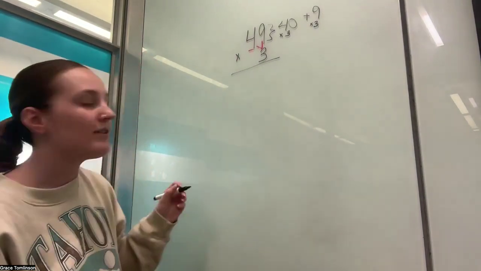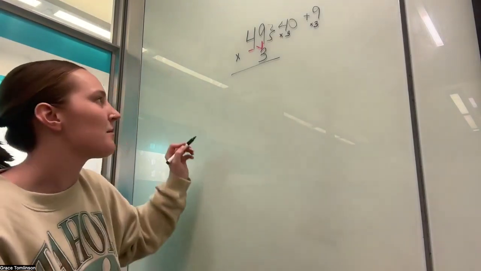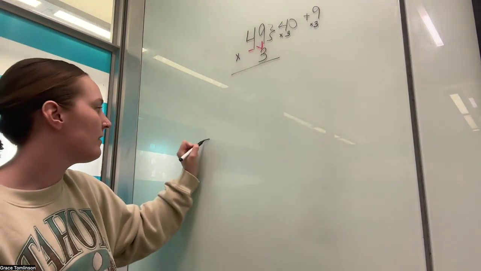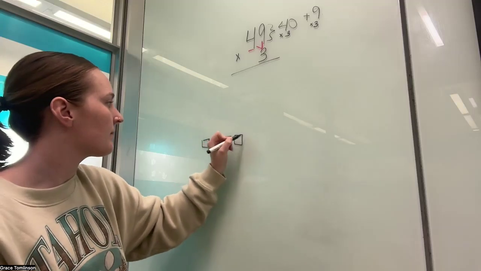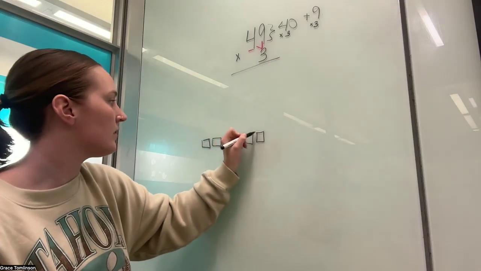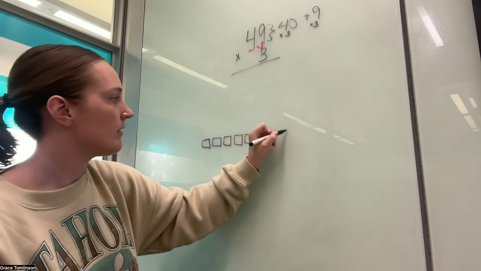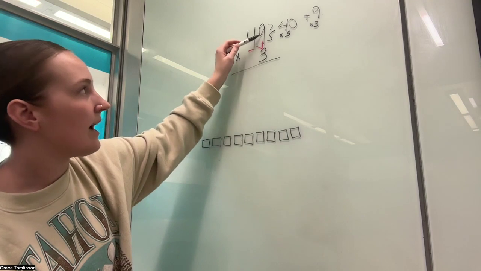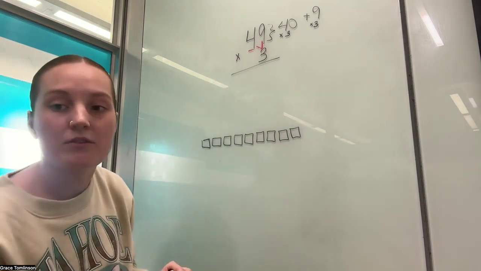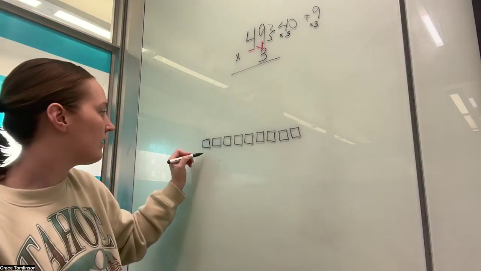So if we're thinking about 9, we can think back to our base 10 blocks to think about this visually. So we would have 9 ones. And then if we're doing 9 times 3, we're going to have 3 groups of 9.